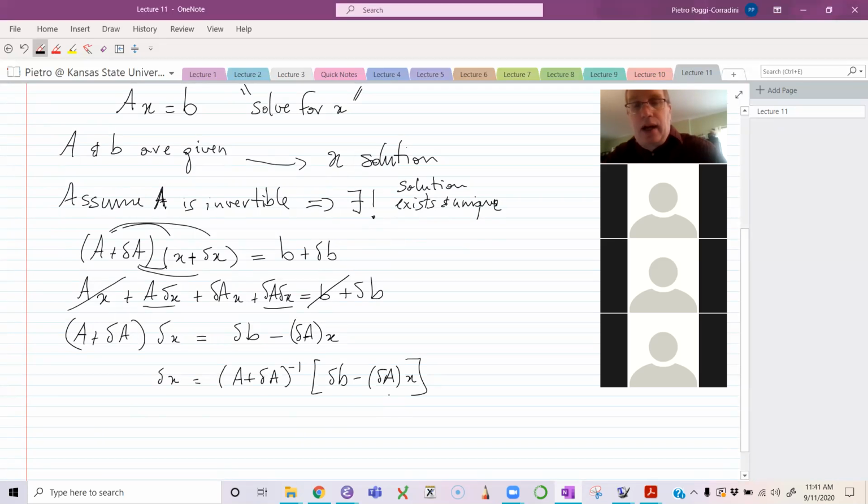And we get our forward error, right? This delta x would be the forward error. All right, questions so far?